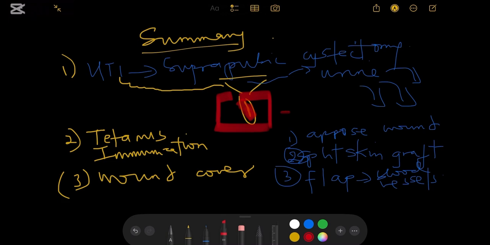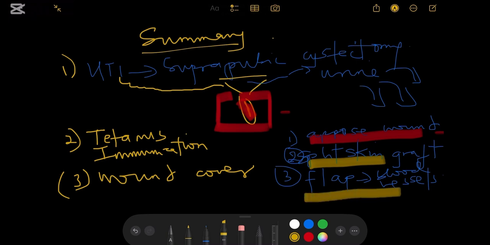If it is a small wound, let's go for opposing the wound. If it is a big wound, but you can actually deal with a split skin graft, then you go with a split skin graft. And if it is a deep wound that needs neovascularization, you use a flap, because a flap has blood vessels. But the flap has to be somewhere close in anatomical position to the site of injury, that is, to the site of Fournier's gangrene.